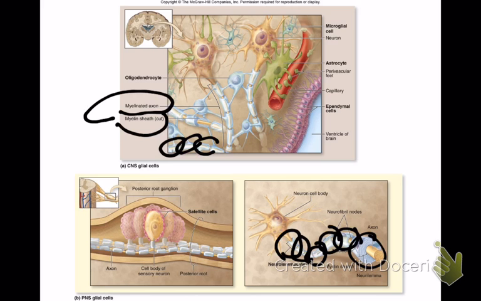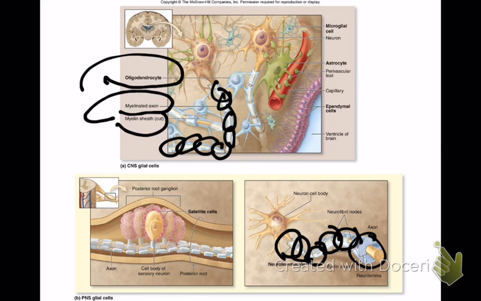I have myelin in my brain and spinal cord. And as far as the axon's concerned, it works the same way. You get that nice saltatory conduction from one node to the next node, whether you're in the CNS or the PNS. But you have totally different neuroglial cells that give us that product. So in the CNS, it's the oligodendrocytes that give us the myelin sheath, whereas in the PNS, it's the Schwann cells.